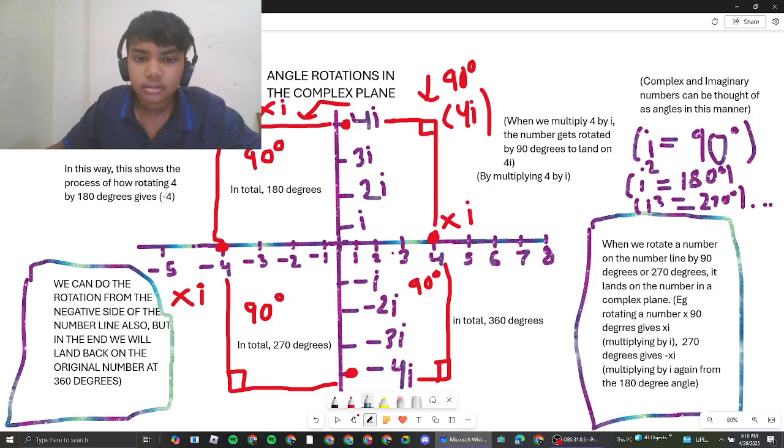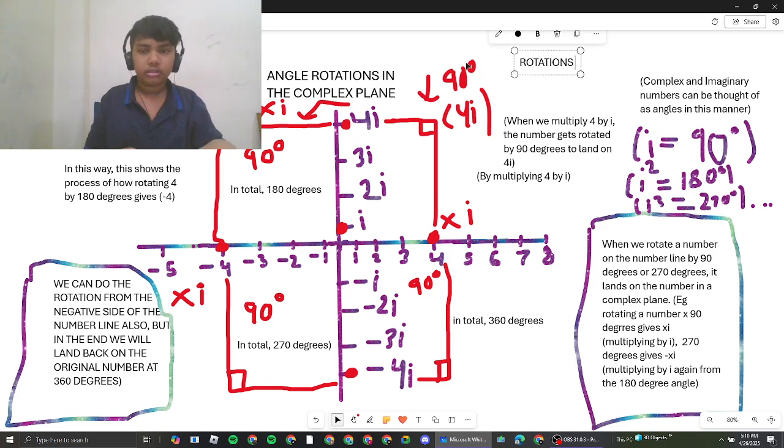And multiply this again. Oh yeah, another thing. Okay, I'm just gonna write this here. Suppose I start from this point, I. We can also start from imaginary sections. Let me write this here.